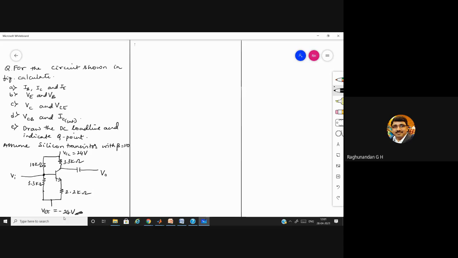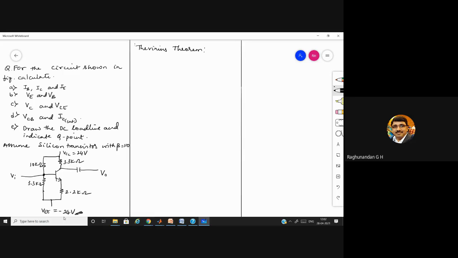So that's why in this kind of problems, we cannot go for approximate analysis. We have to go for accurate analysis only. In accurate analysis, as we know, we are going to use Thevenin's theorem.